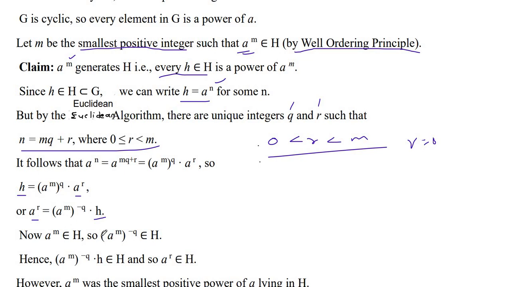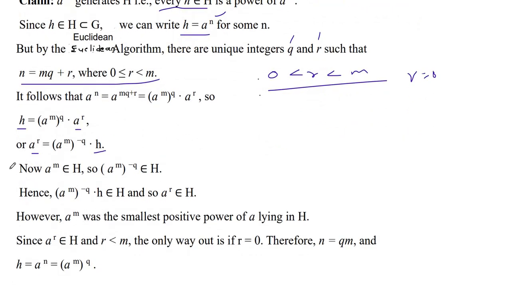Now we have r less than m with a^r belonging to H. But we have already said that m is the smallest positive integer such that a^m is in H. So we get a contradiction, and therefore we cannot have this to be true.